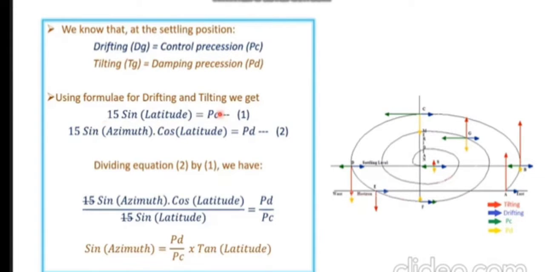Drifting is equal to control precession, or 15 degrees sine of latitude is equal to PC. Exactly in the same way, since tilting is equal and opposite to damping precession, tilting is given by 15 degrees sine of azimuth cos of latitude. It is equal to the damping precession, which we represent as PD.